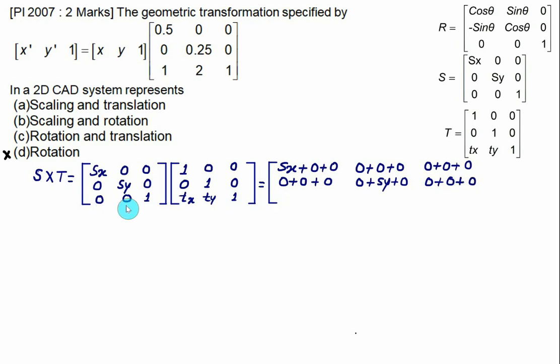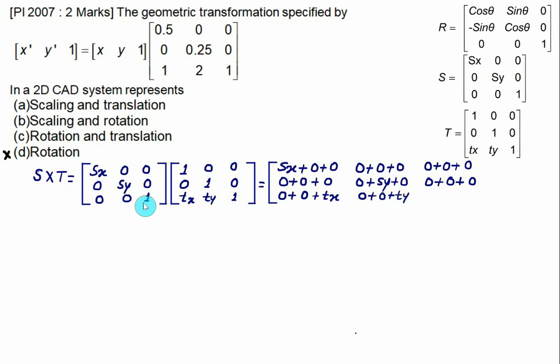And finally the third row and first column: 0 into 1 is 0, 0 into 0 is 0, 1 into tx is plus tx. Third row and second column: 0 into 0 is 0, 0 into 1 is 0, 1 into ty is plus ty.